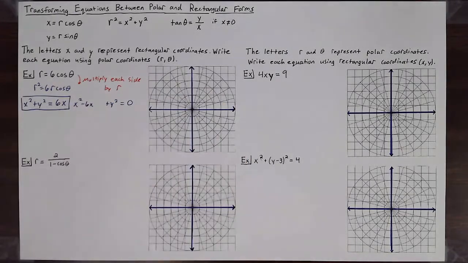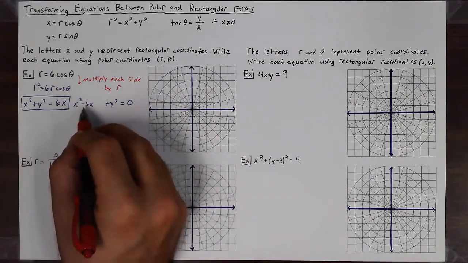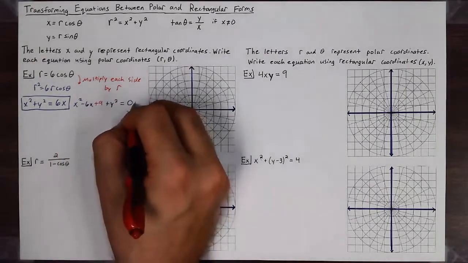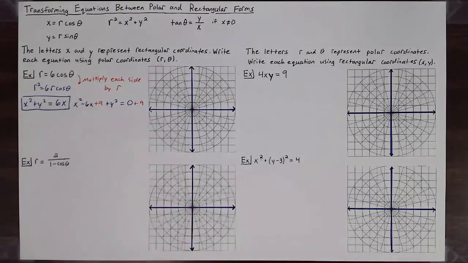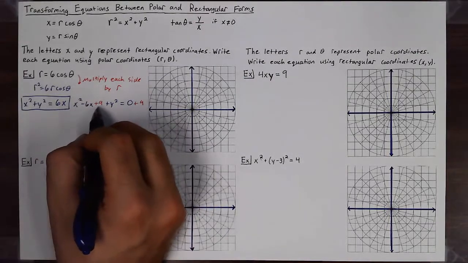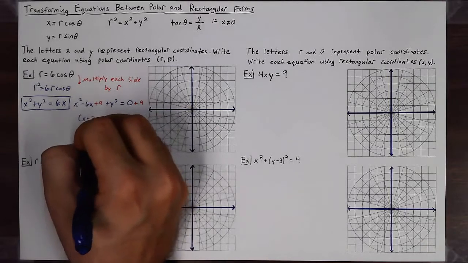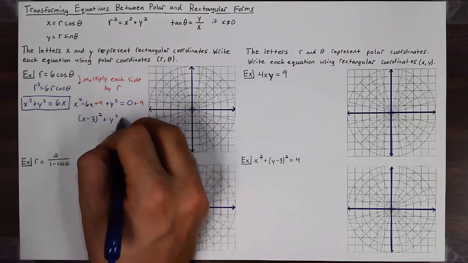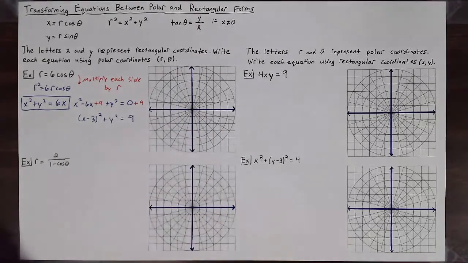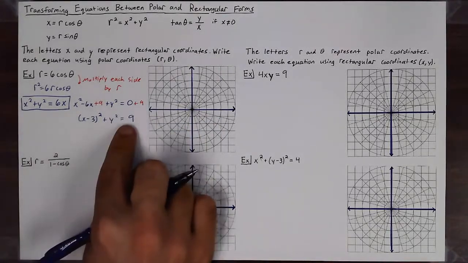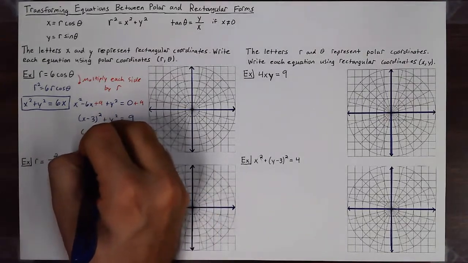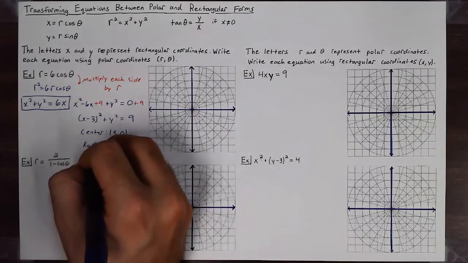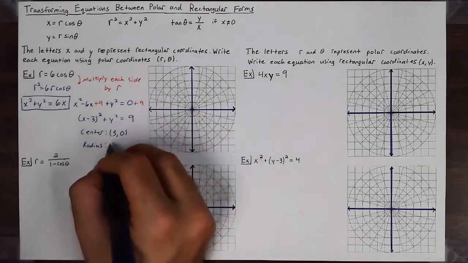And then if we complete the square on the left side, which means taking half of negative 6, which is negative 3, and squaring it, adding that to each side of my equation, I can get a perfect square trinomial, which would be x minus 3 squared plus y squared is equal to 9. And this is just the equation of a circle with a center of 3, 0, and a radius of the square root of 9, 3.